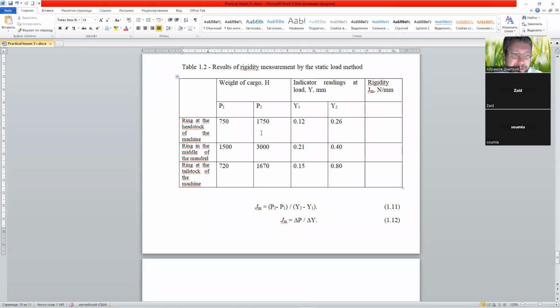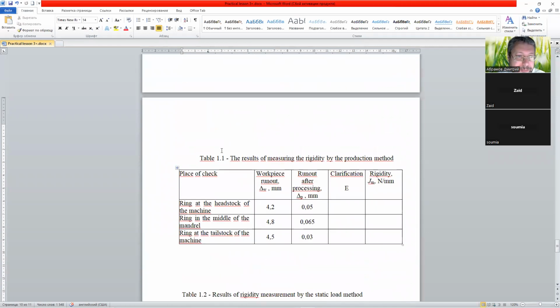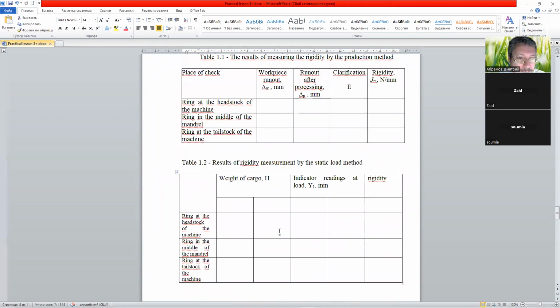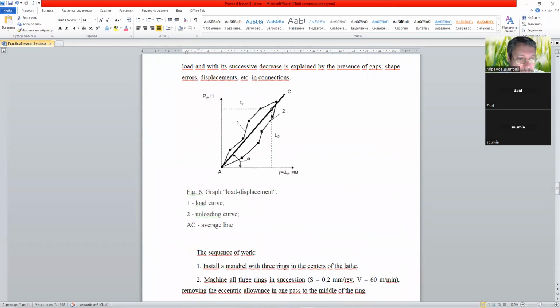Tell me, please, have you finished the calculating? Yes, teacher. If you finish the calculating, please build the graph. Build the graph for the static loading method, like in this figure, like in figure 6.